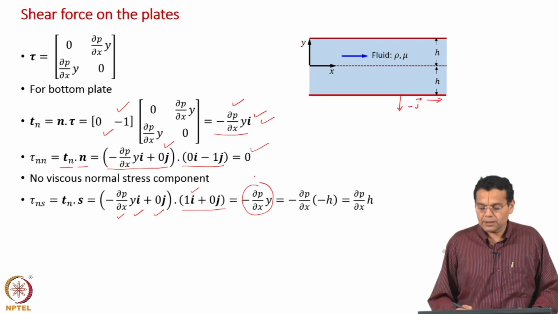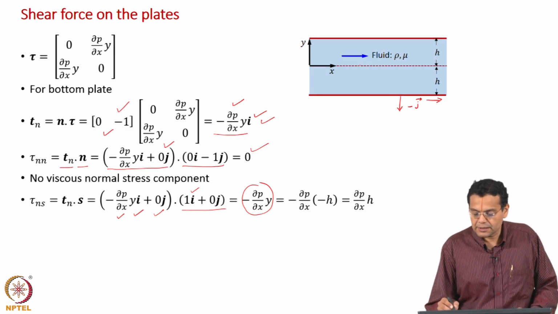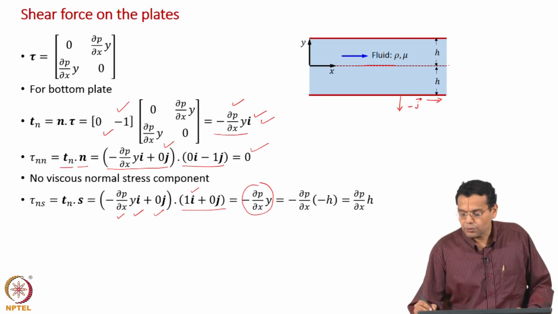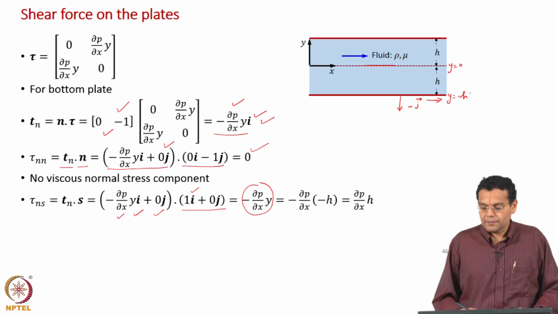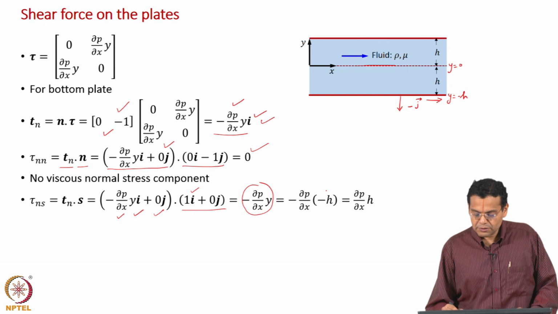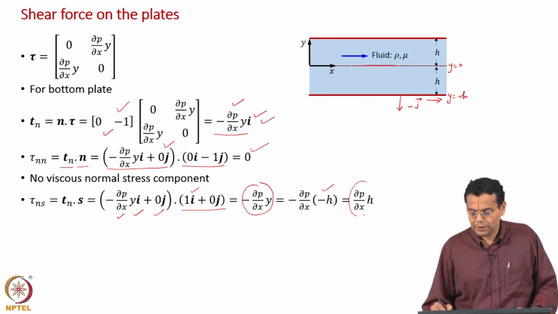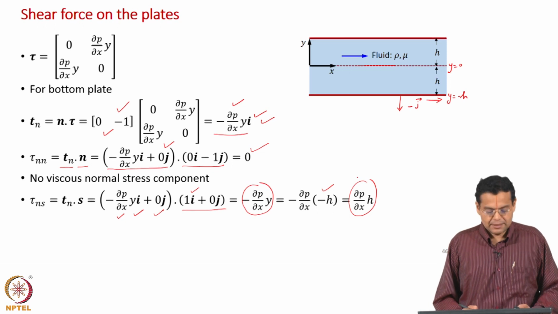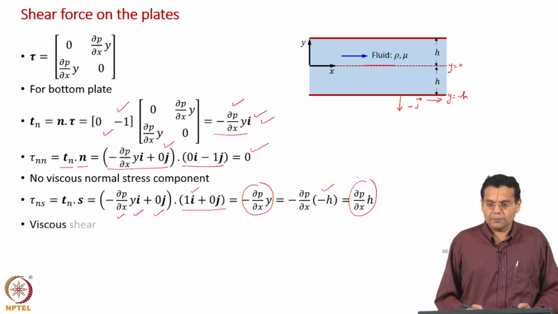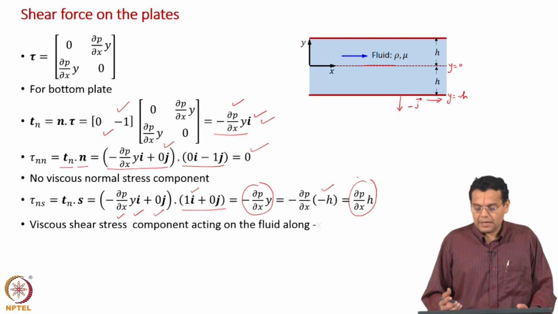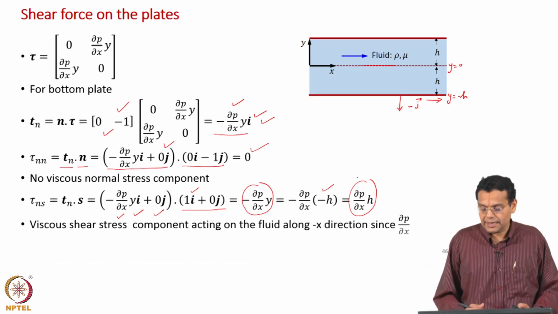And now at the bottom plate, remember this is central, that is the axis, that is where we have y equal to 0, and this is y equal to minus h. So now if we substitute y equal to minus h, we have dou p by dou x h, which is the same as what we obtained in the last case for the top plate, and once again dou p by dou x is negative.